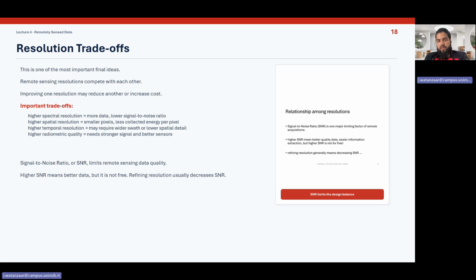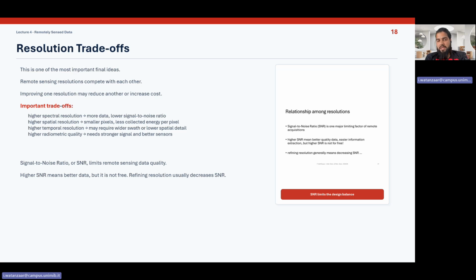A higher temporal resolution may require a wider swath or lower spatial detail. If we increase the temporal resolution in the case of multitemporal or hypertemporal data, we need to increase the width of the swath. We discussed that the swath is the stripe of the acquisition, and the width of the swath is the width of the stripe.